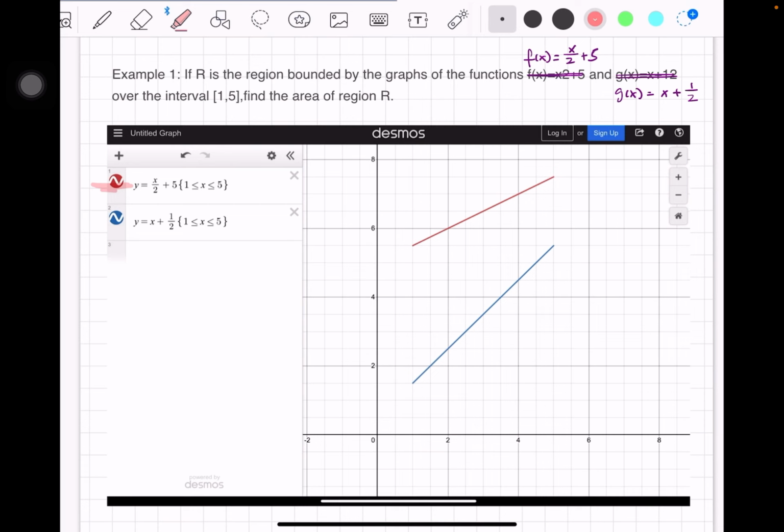For example, for the first one, y equals x over 2 plus 5, if I do the integration from 1 to 5, this is the area I'm able to calculate.